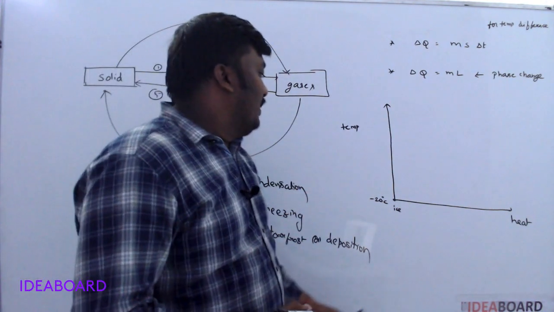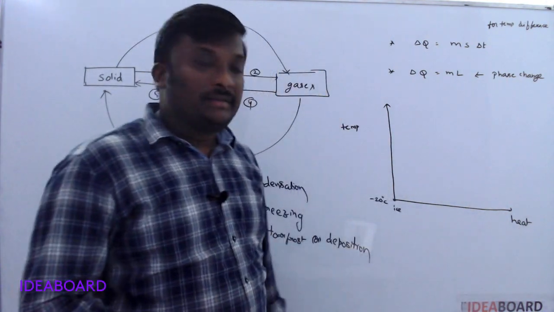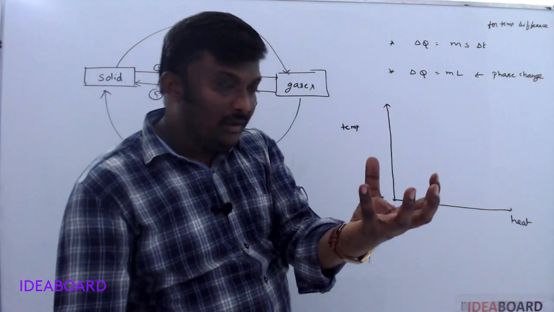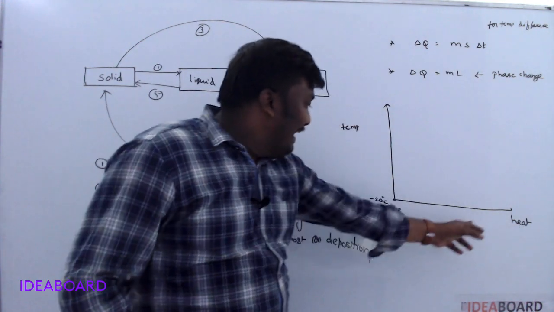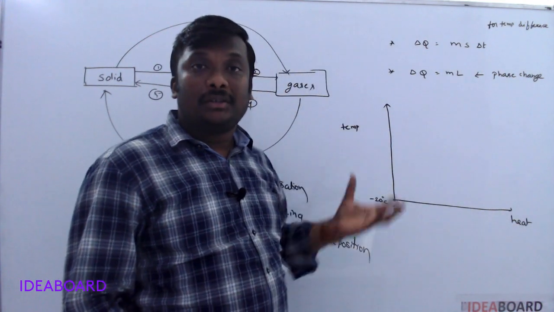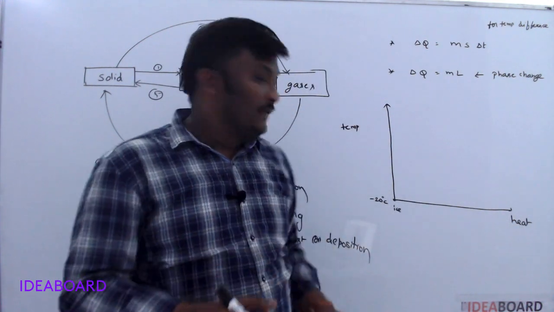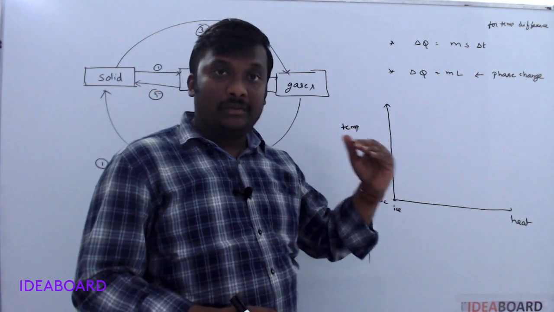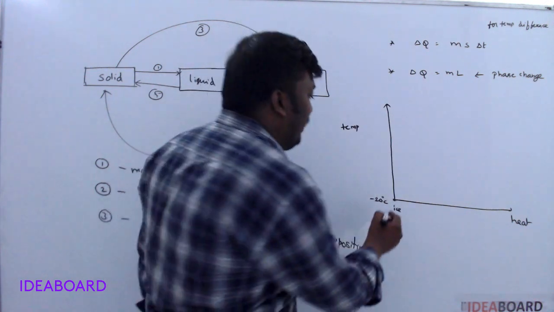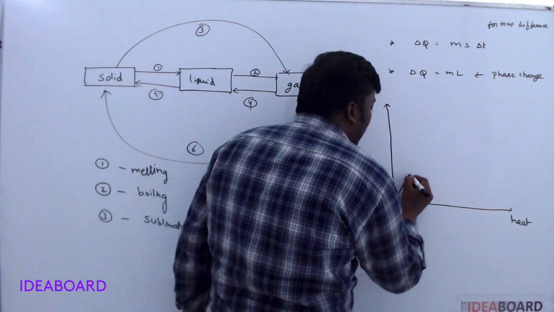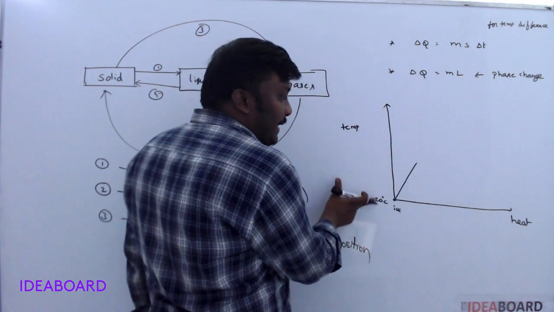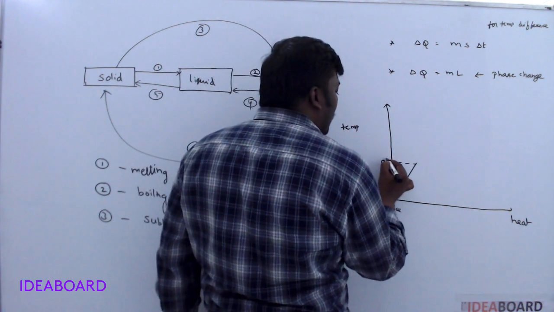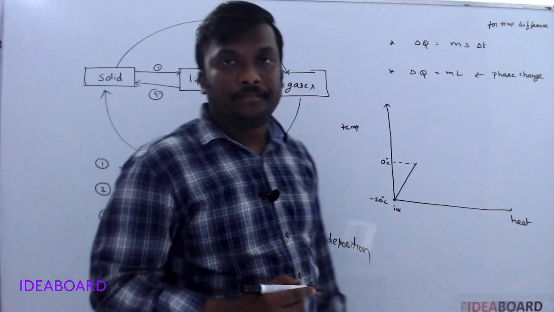Ice is in the solid form. Whenever you supply heat, its temperature gradually increases: minus 10, minus 5, minus 2, minus 1, until the temperature reaches 0 degrees Celsius.